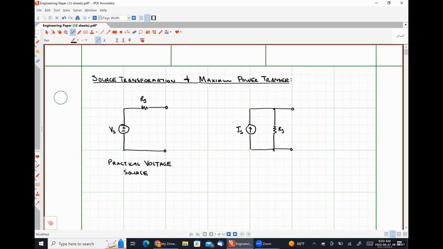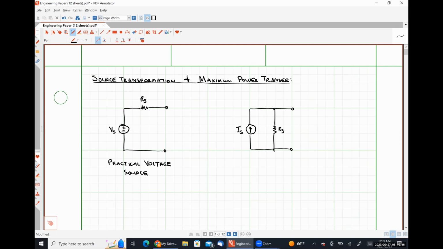So an ideal current source could effectively have an infinitely large voltage drop across its terminals if it were connected to nothing, which we know physically is impossible.